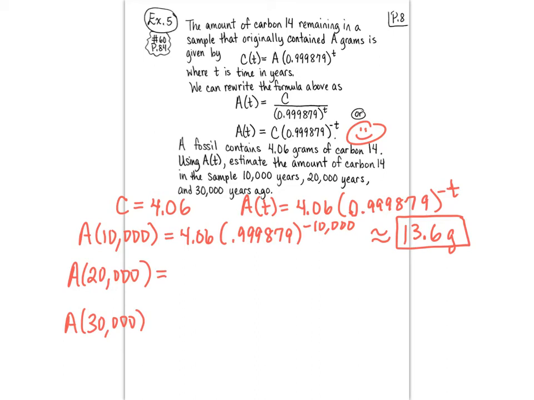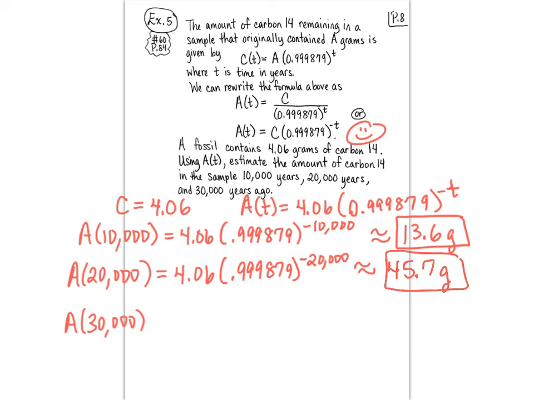A of 20,000 is 4.06 times 0.999879 raised to the negative 20,000, and that's approximately 45.7 grams. All right, now we need to find A of 30,000. Well, that's 4.06 times 0.999879 raised to the negative 30,000.